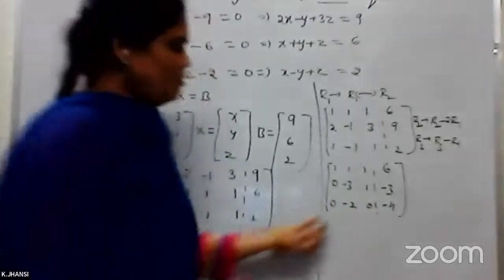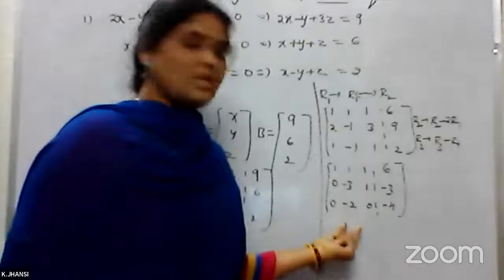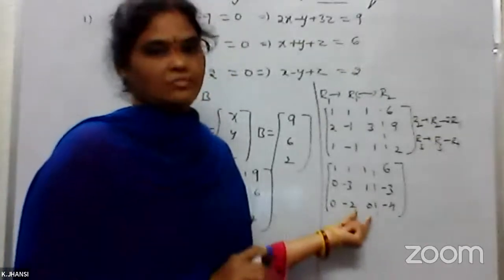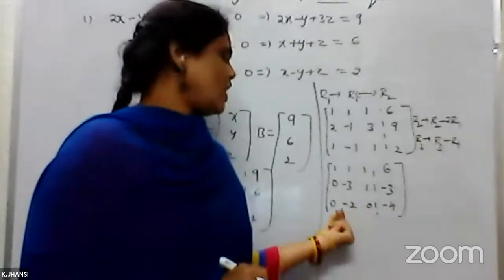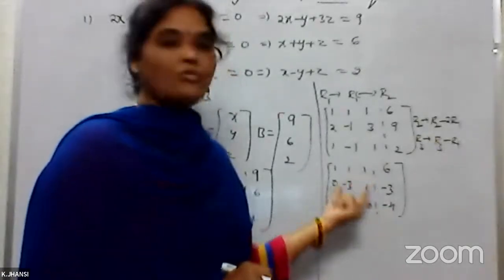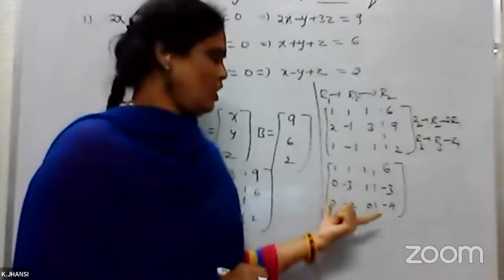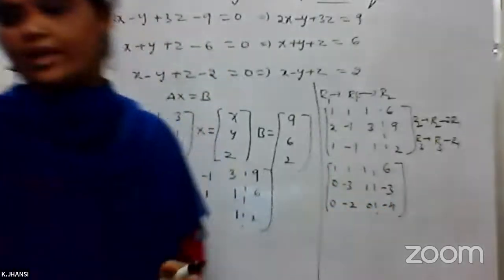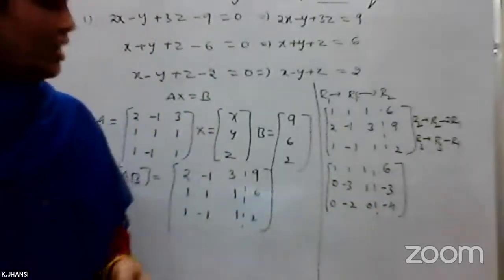Here the third row is not vanishing; we are unable to make it zeros. So here we can say that the rank of AB is 3. Whatever the rank is, the rank of AB is 3.